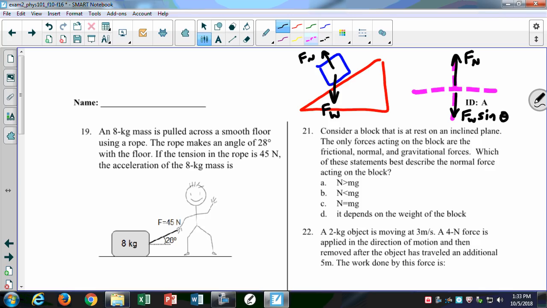Can you ask it again? The weight has two components to it, right? Right, the weight has two components. So then why wouldn't the normal force be more than that since it's only one?